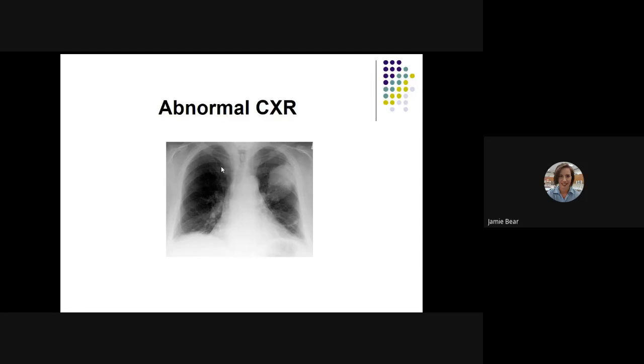It looks to me like those ribs are broken. Okay, so we can say there's probably been some sort of trauma happening. The heart is pretty large. Okay, the diaphragms, you are not seeing a good costophrenic angle here. And you're seeing something here and something here in the lung parenchyma.